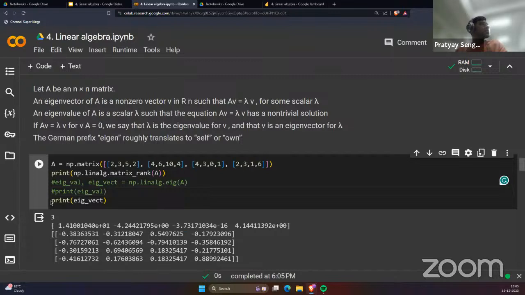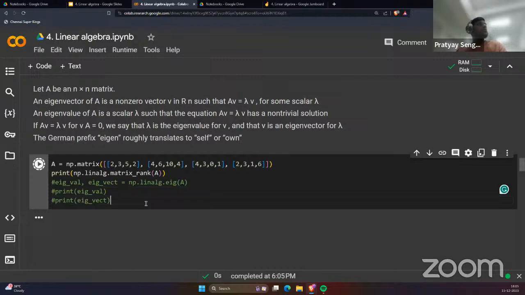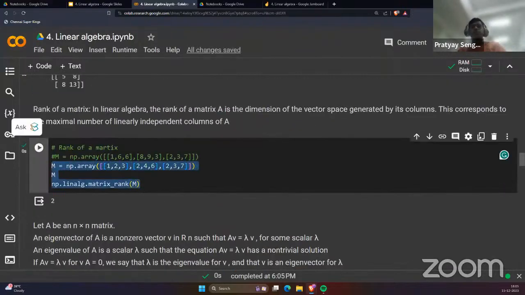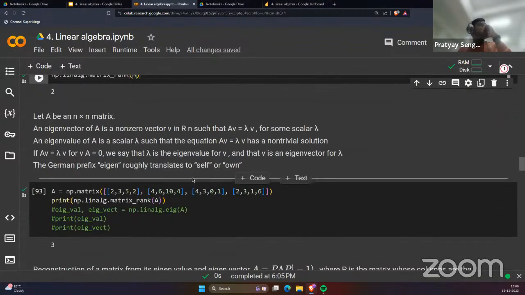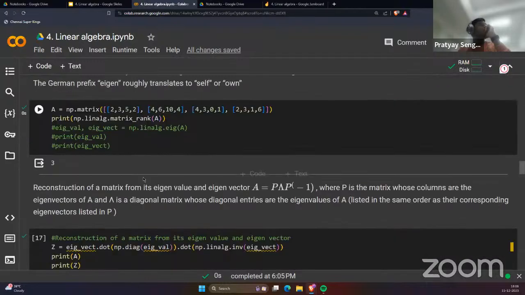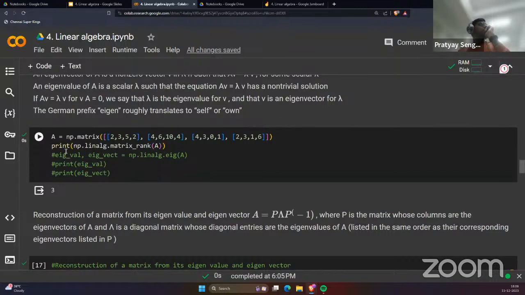Let's comment these things, and first find the rank of this matrix. We have a matrix. Before that, I'll just paste this here. So we have this matrix, and we get the rank of it is 3.